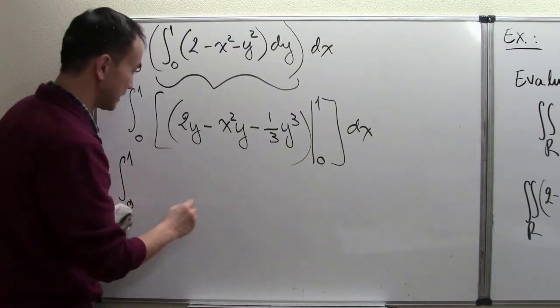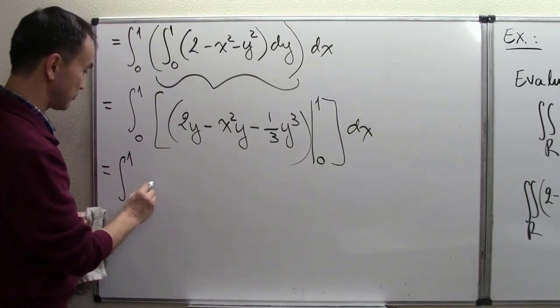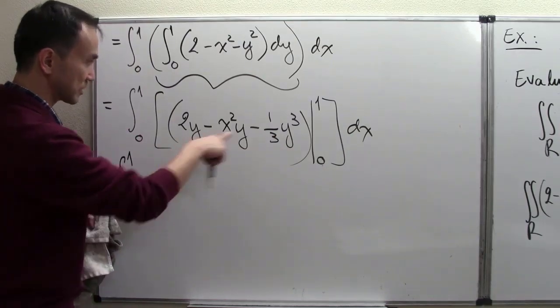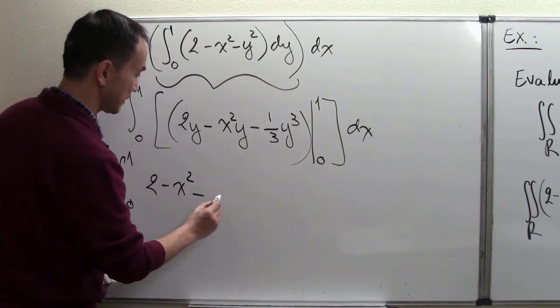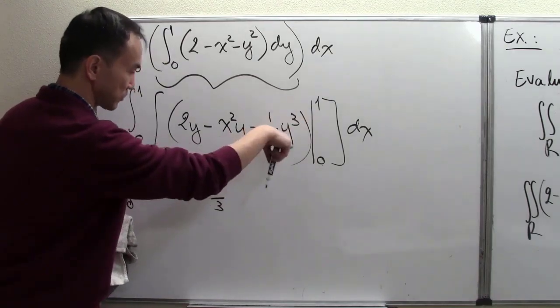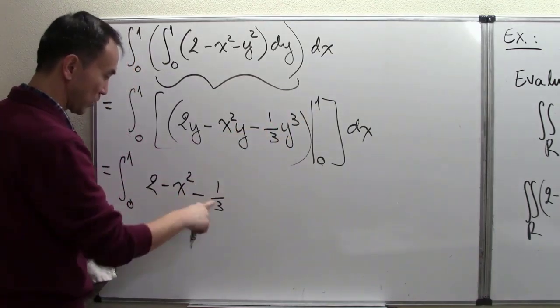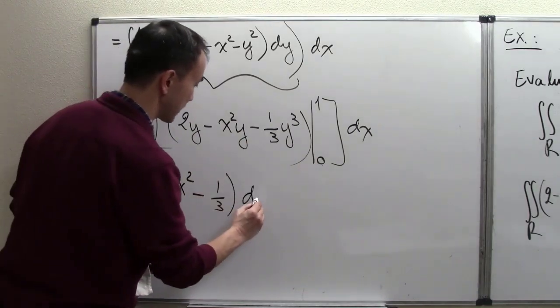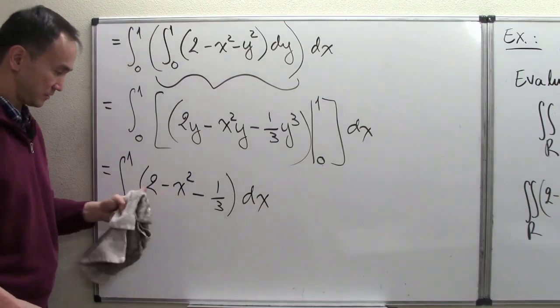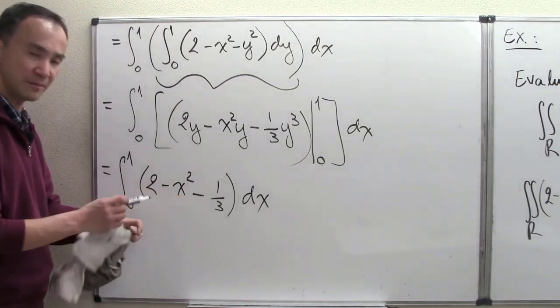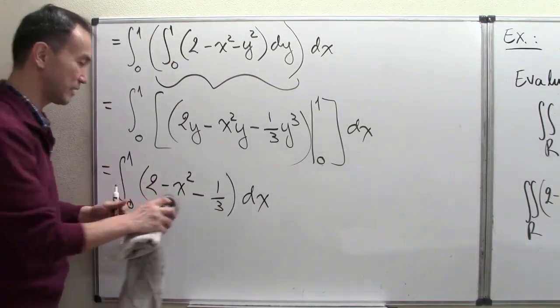0 to 1. The integrand here becomes 2, because 2 times 1, minus x squared, minus 1/3 times 1 cubed, so 2 minus 1/3, right? And then we're integrating that again with respect to x. And then, yes, 2 minus 1/3 can be combined even further. So I'm going to rewrite this.